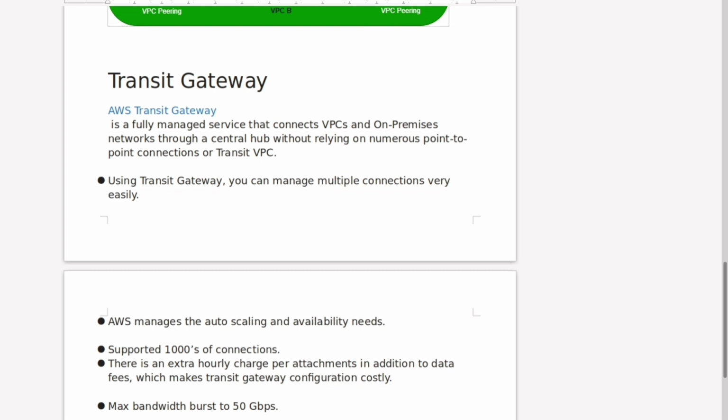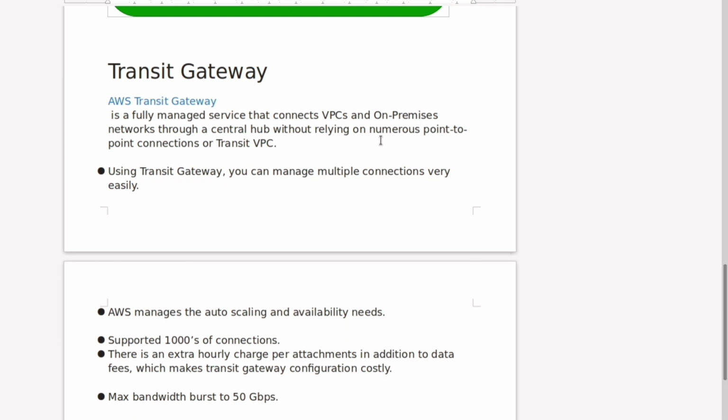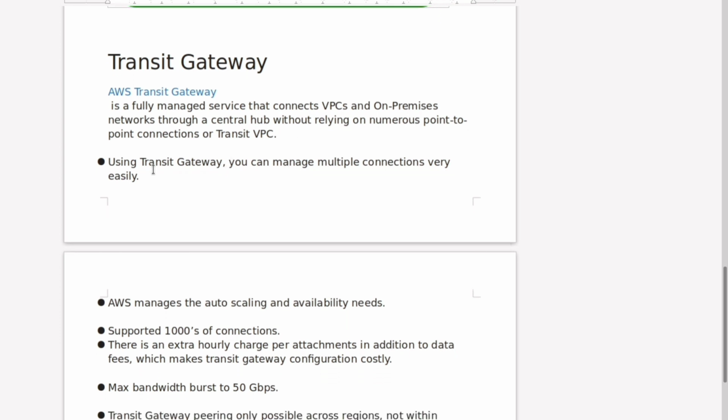AWS Transit Gateway is a fully managed service that connects VPCs and on-premises networks through a central hub, without requiring numerous point-to-point connections or a transit VPC. Using Transit Gateway, you can manage multiple connections very easily.